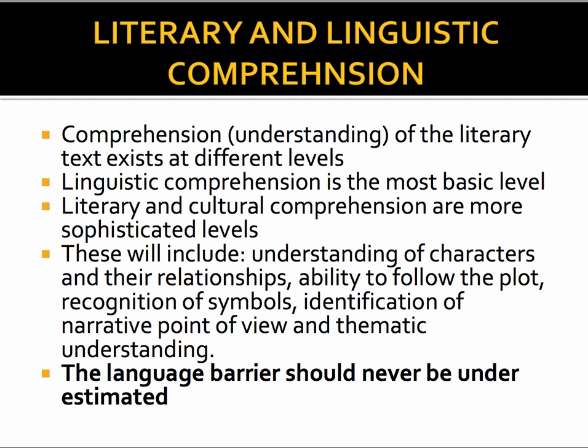But after linguistic comprehension has been achieved, then literary and cultural comprehension can be aimed at. And I suggest that part of that, and this will be something we will discuss in Module 9, is the different features of the literary text, things like plot, character, symbolism, narrative point of view, and themes. These are all things which students can identify and discuss in literature.